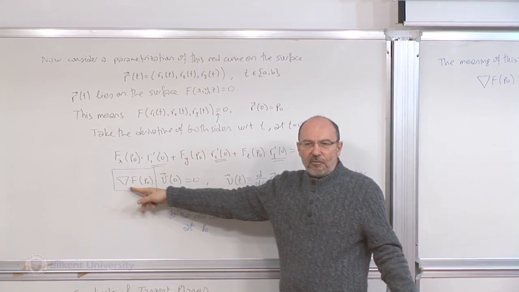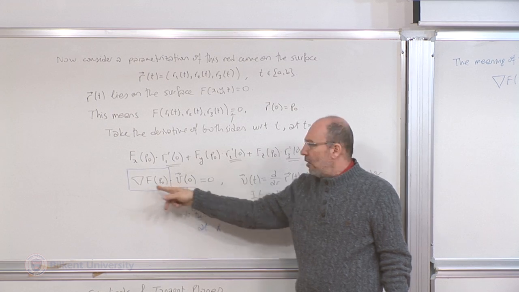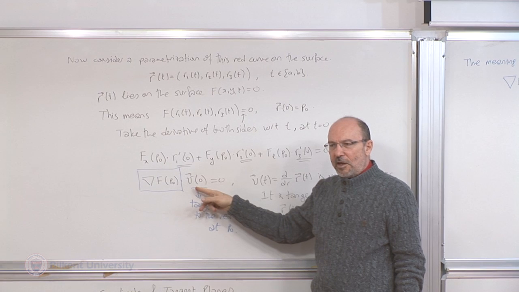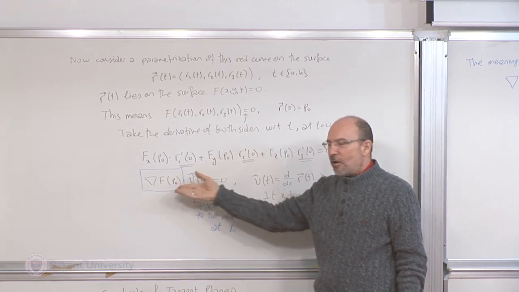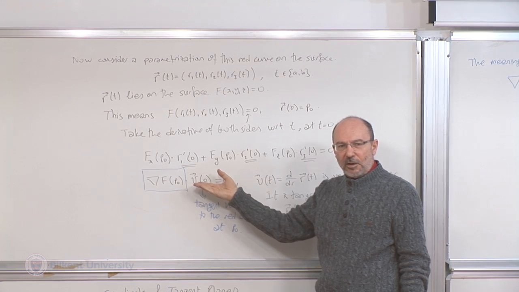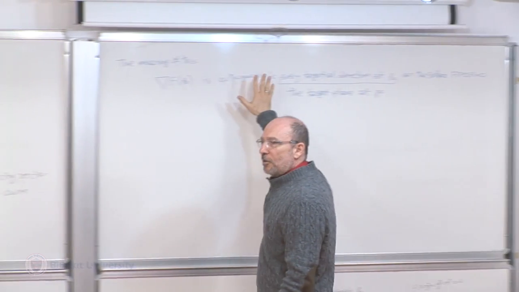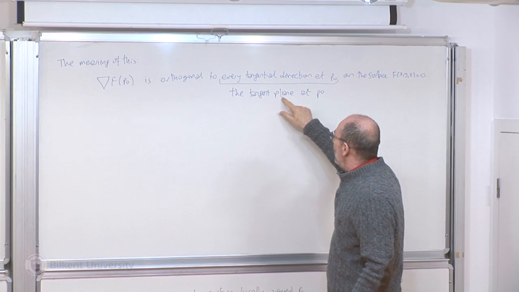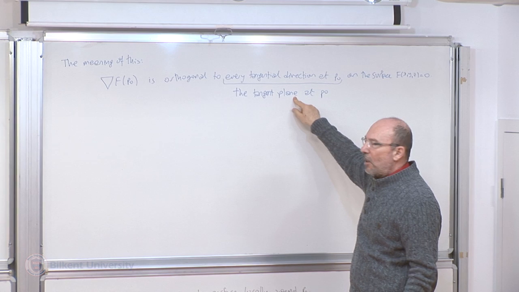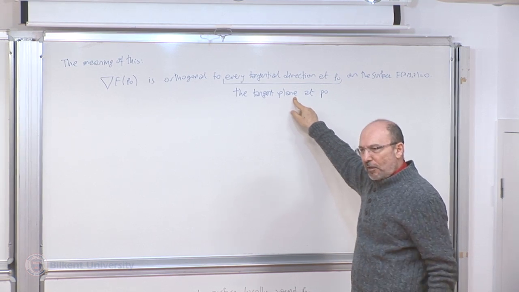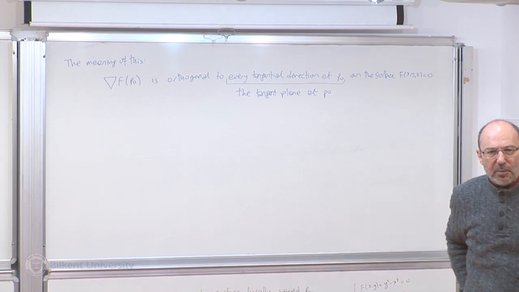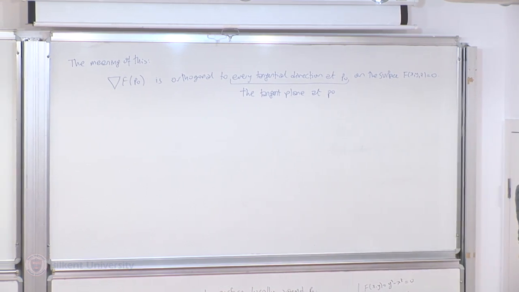Gradient of f is defined for any number of variables, and this is just a vector. Okay, on the surface, a tangential direction on the surface. So whether we have 3 variables or 33 variables, it doesn't matter. This is true, but then of course this word plane has to be changed. Normally you call it the tangent hyperplane, or by abuse of language you can still call it tangent plane, but then the technical word is tangent space. Okay, because the dimension is high.